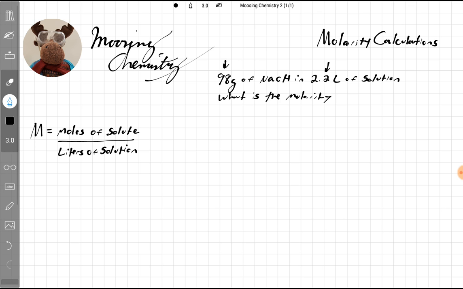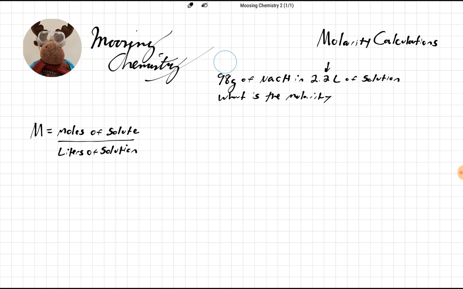So again, let's get our good old-fashioned eraser there. All right, so what we're going to do is take sodium hydroxide, NaOH. So we have one Na, one O, and one H. This is times 22.99, this is times 16.00, and times, of course, 1.01.